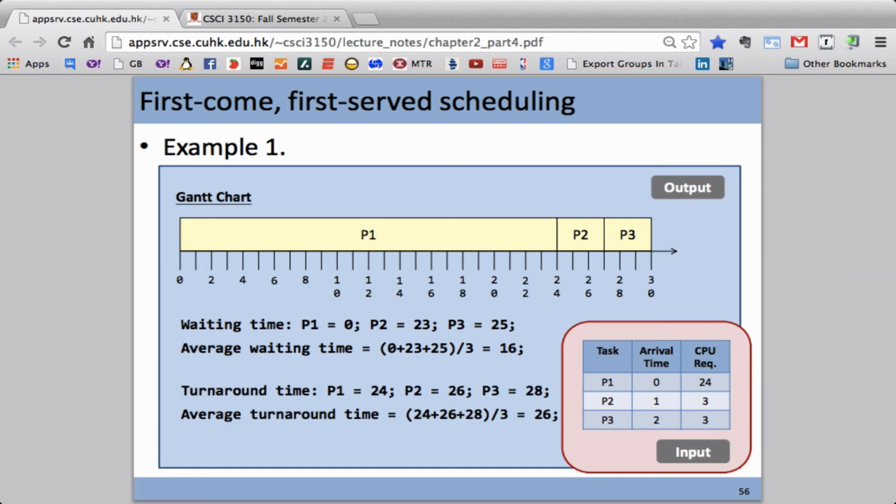It's 23 time units, and so on and so forth. You can calculate the average waiting time, and also the average turnaround time. Turnaround time is the difference between the time you enter the system and the time you leave the system.